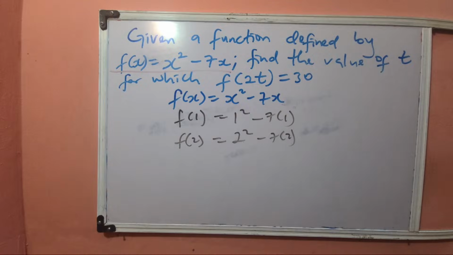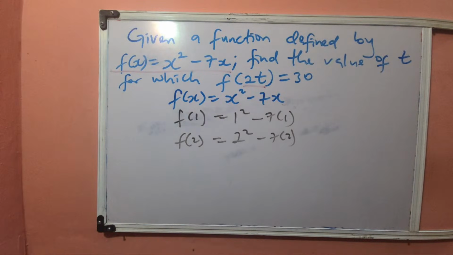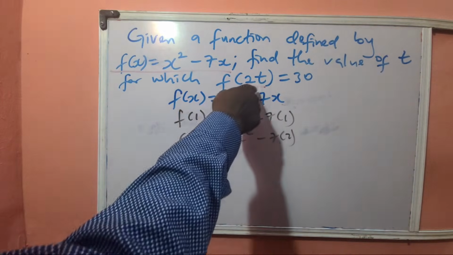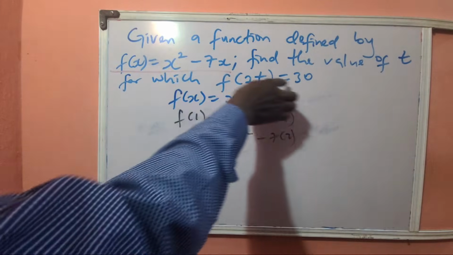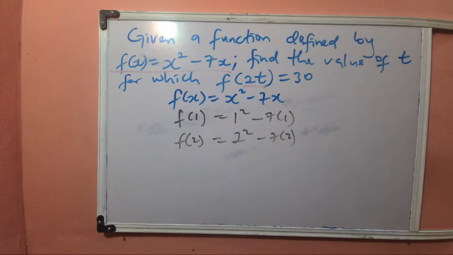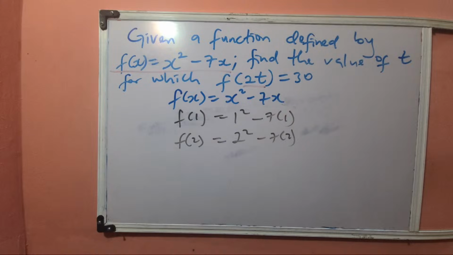That means in this case, the argument 2t is representing x. So instead of x, we'll be having 2t. And we're told that when we put in 2t into this equation, we are to get a value of 30. So in that case, we are asked to find the value of t. So what do we have to do?